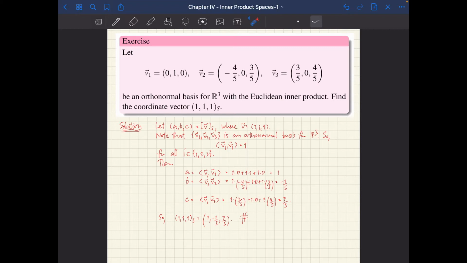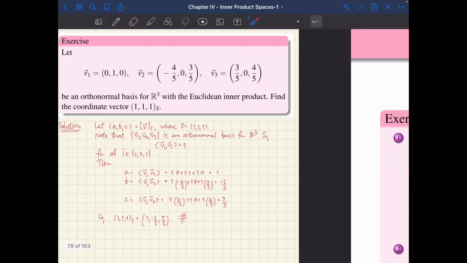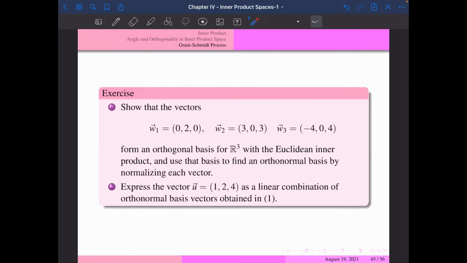Okay, next we will move to the next example. In this example we have two questions. We need to show that W1, W2, and W3 form an orthogonal basis for R3 with the Euclidean inner product, and use that basis to find an orthonormal basis by normalizing each vector.